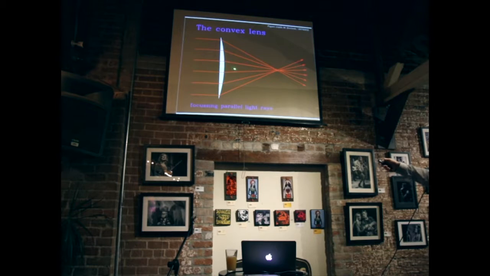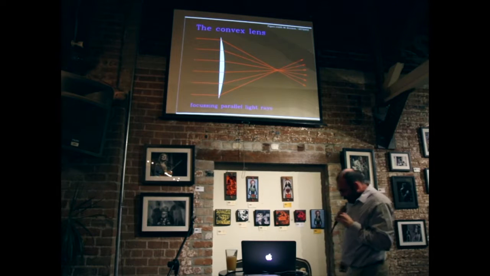The important thing about this kind of lens is that the further you go out from the center of the lens, the more the rays of light are getting bent. So out here they're getting bent through quite dramatic angles. Here, not so much. Anything that's coming right through the center is actually not going to get bent at all.